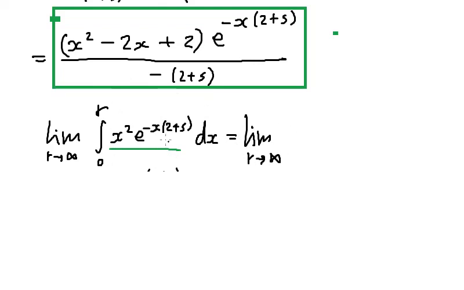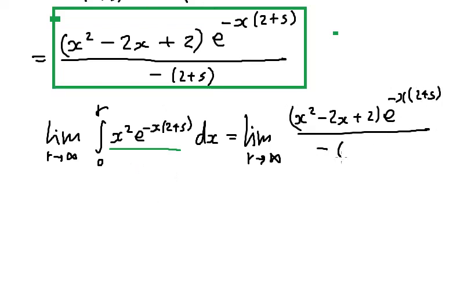And now, once I know the antiderivative, of course, I can get the definite integral by substitution. So what I want to do is take the antiderivative, which is x squared minus 2x plus 2 times e to the power minus x times 2 plus s divided by minus 2 plus s. And I want to perform there the substitution 0 and r.